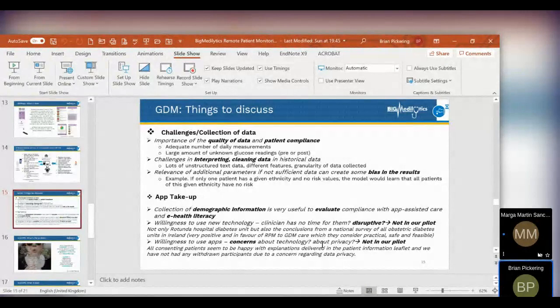I think that was a huge step moving forward to the adoption of big data technologies. And furthermore, they were very happy, so they would like to continue the pilot beyond the project. Our intention is to continue recruiting patients and continue the pilot for more months after the project.